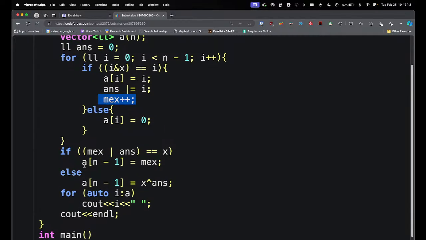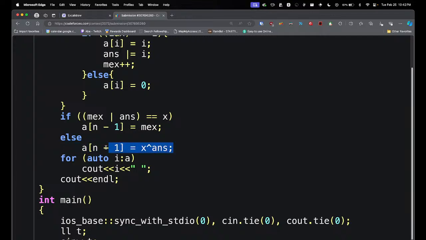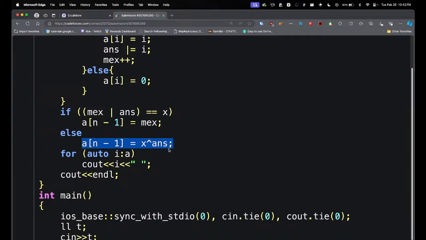Now, what is this? I want to set the last number as my current max, which is not set. So I just OR max with x. If it is equal to x, then fine, I set it to max, or else I take the XOR.